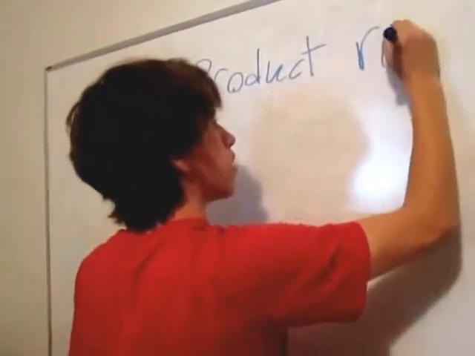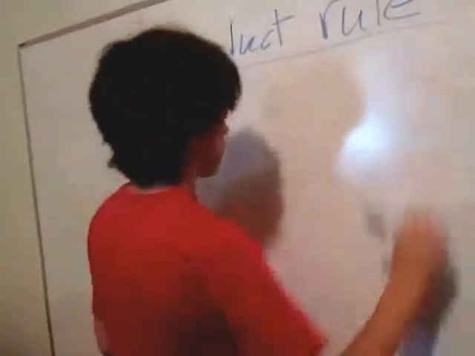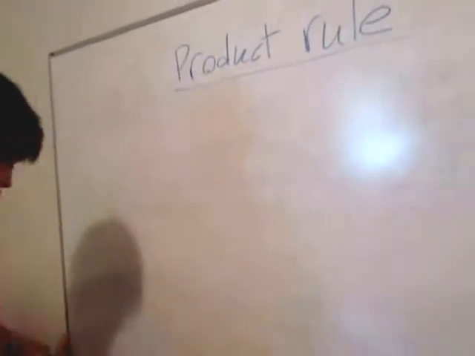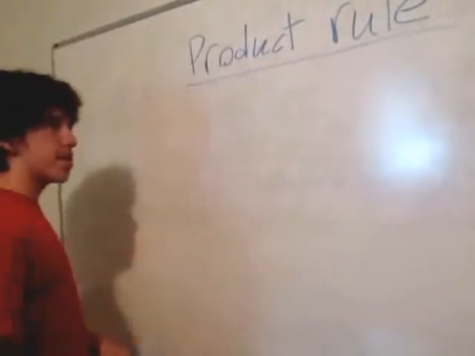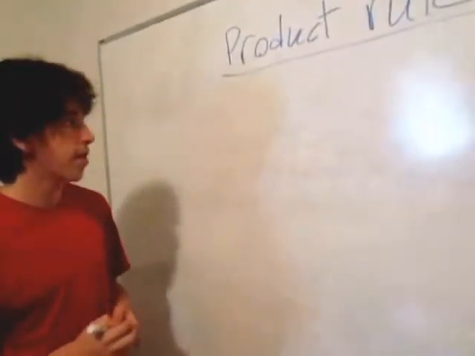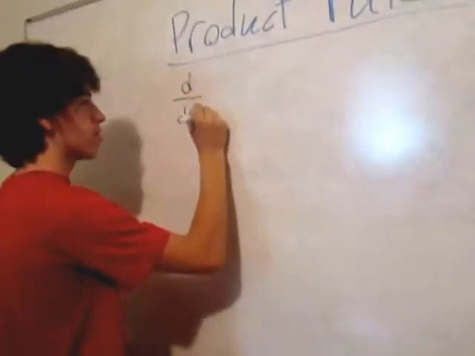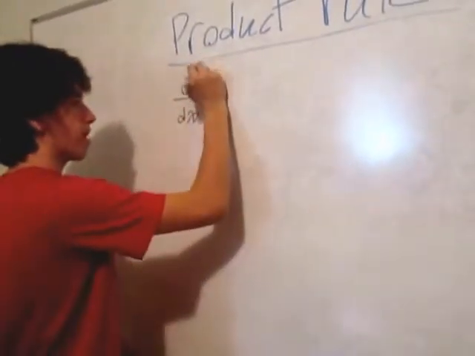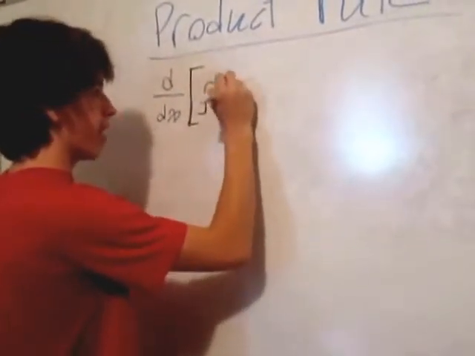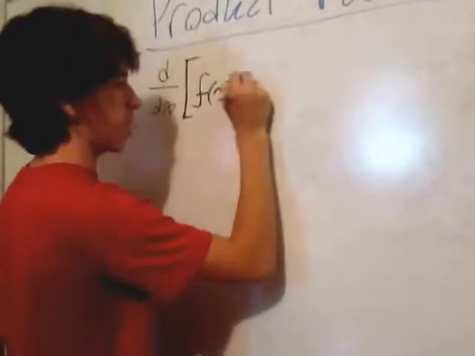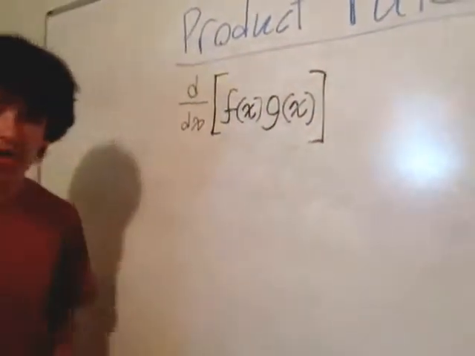And as you can guess, it has something to do with multiplication. I'm going to change markers, keep things interesting. Now, this is used when we need to take the derivative, d/dx, of f of x, not f of g of x, but times g of x. So when we're multiplying two functions together.